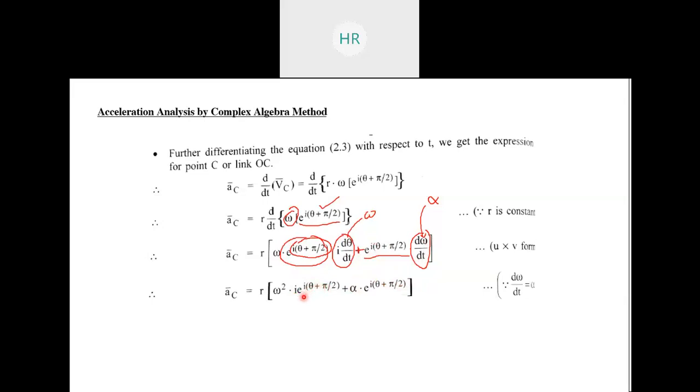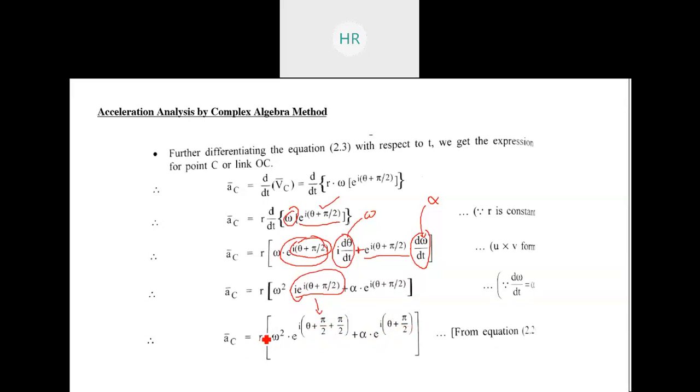So we will add another pi by 2 to remove I. So r as it is omega square, in place of this term we can write e raised to I theta plus pi by 2 plus pi by 2, okay, plus alpha into I e raised to I theta plus pi by 2.